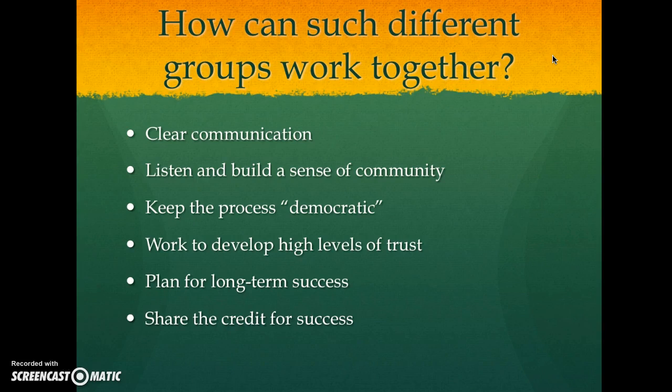So recognizing that we need long-term relationships in order to meet the needs of all of our students down the road. And then being able as a group to share the credit for success, share the fact that together success was accomplished is a real core building block for a continued collaborative process.